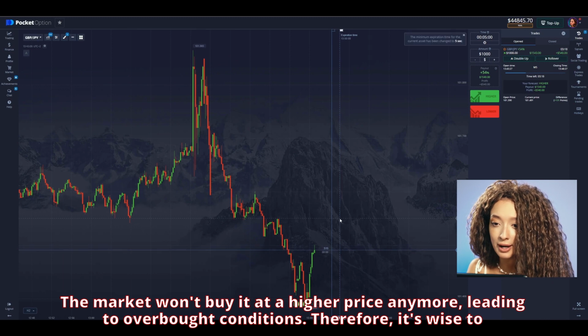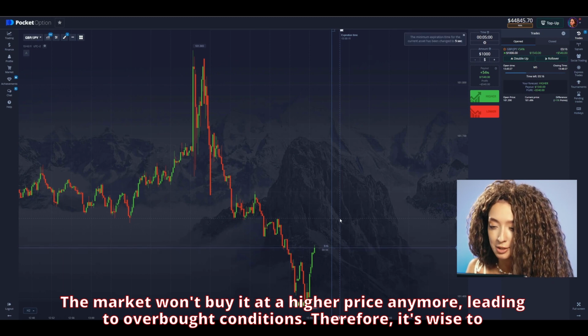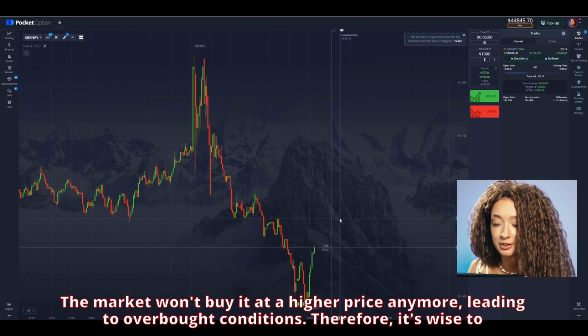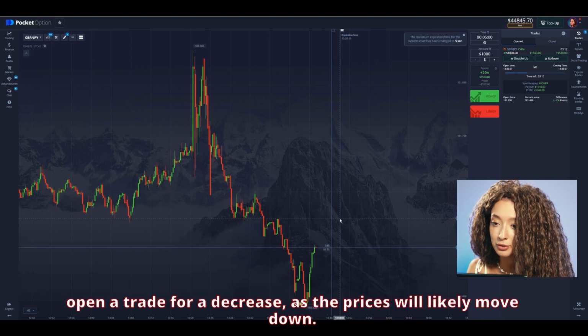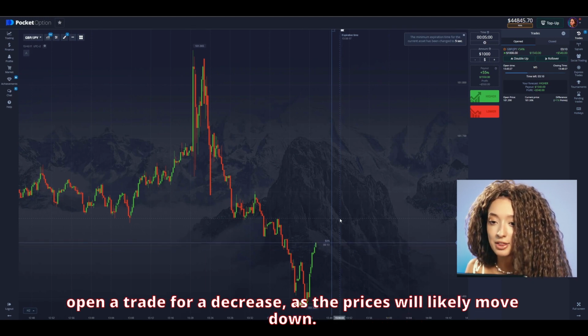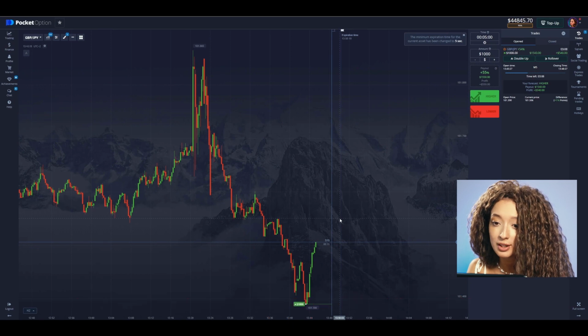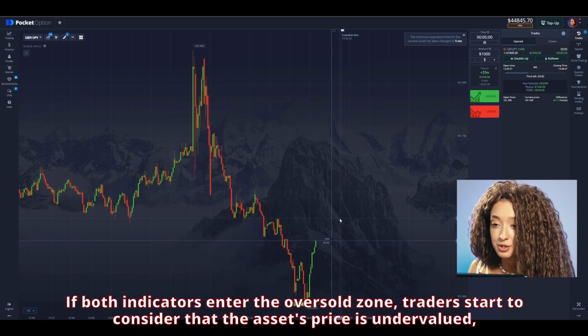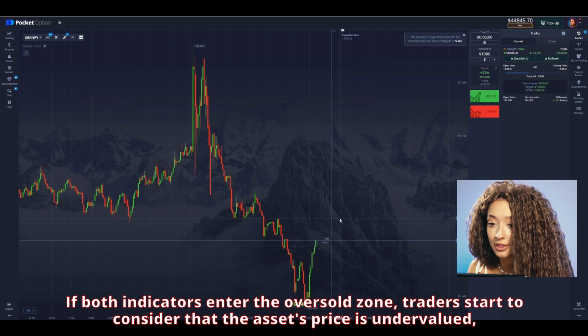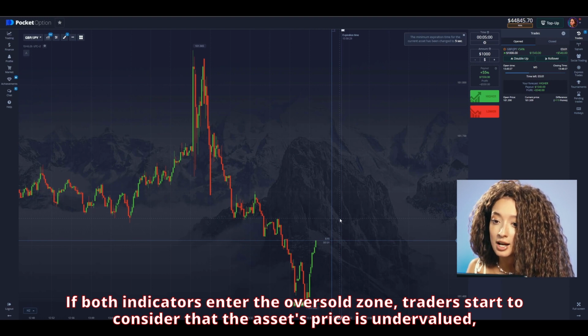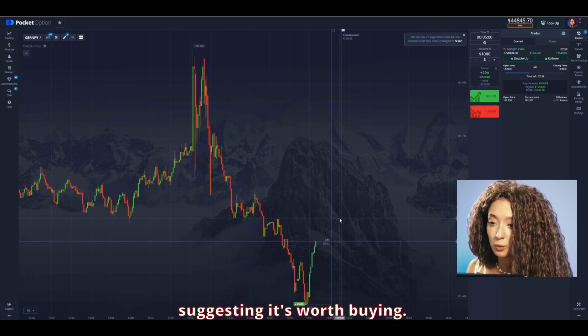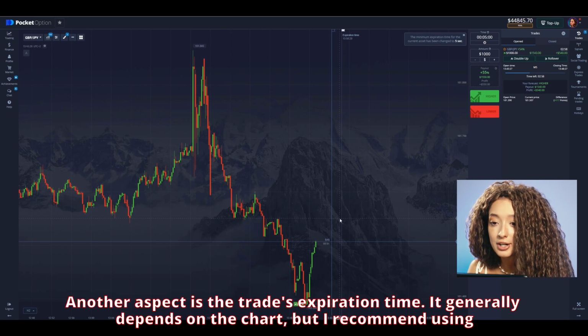The market won't buy it at a higher price anymore, leading to overbought conditions. Therefore, it's wise to open a trade for a decrease, as the price will likely move down. If both indicators enter the oversold zone, traders start to consider that the asset's price is undervalued, suggesting it's worth buying.